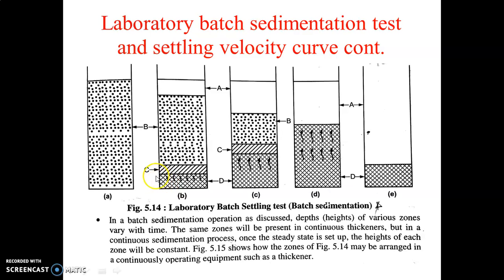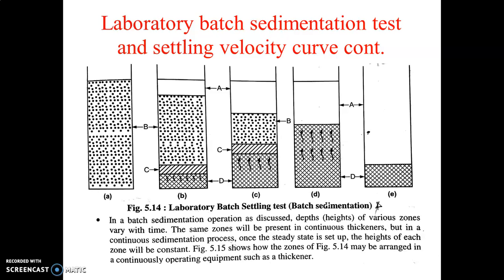Above zone D, there is another layer called zone C. Zone C has a non-uniform concentration, also called a variable size distribution zone.